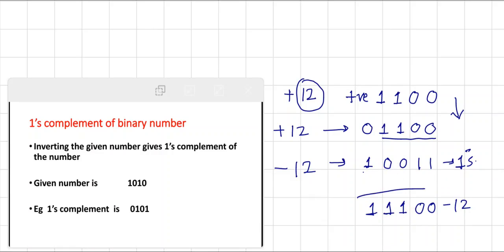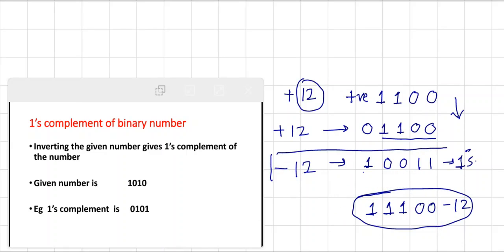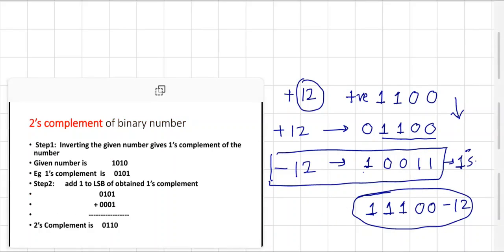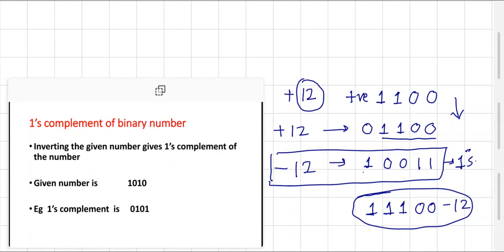This method is used for signed and unsigned numbers in binary form, but generally for solving mathematical problems of addition and subtraction, the ones complement method is used. So this is ones complement form of the binary number, and remember there is a sign bit in ones complement.